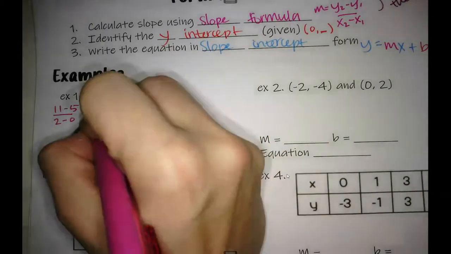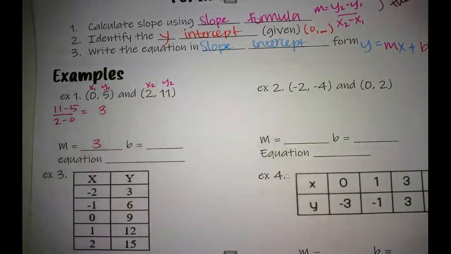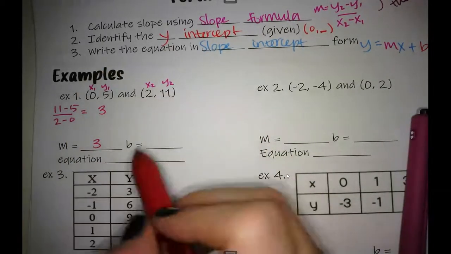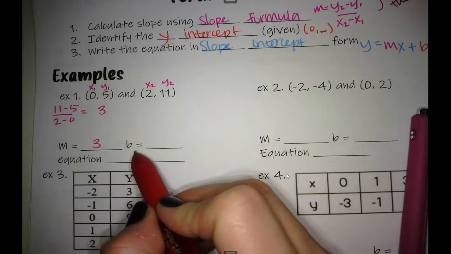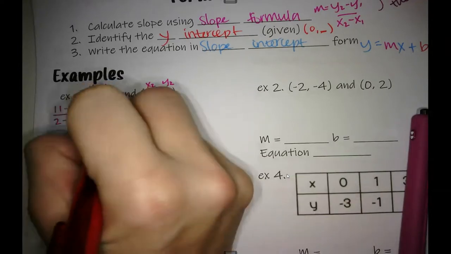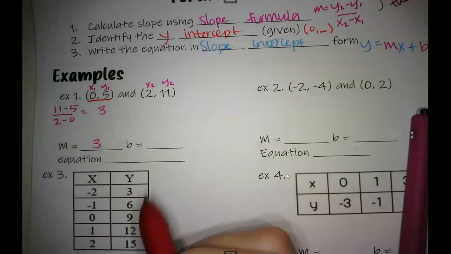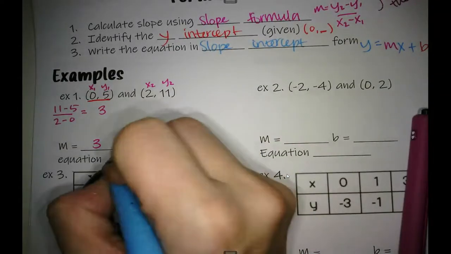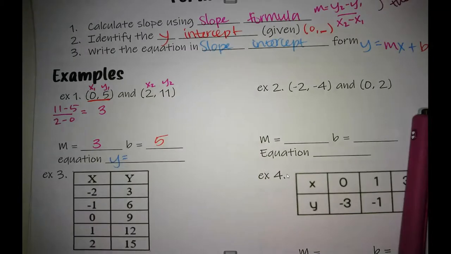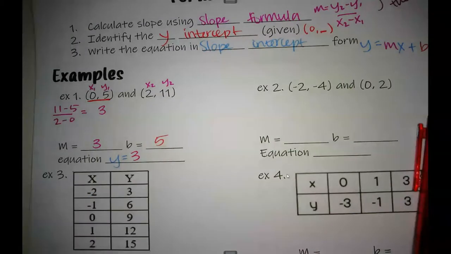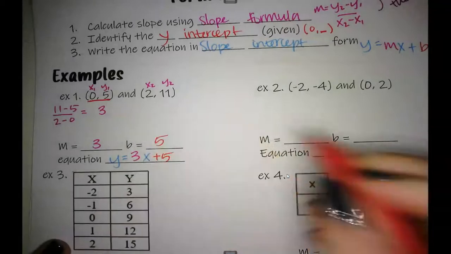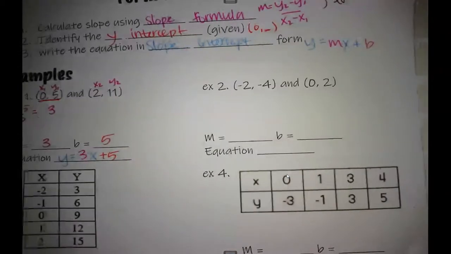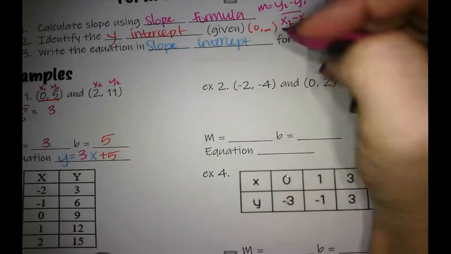And I plug this into my calculator. Slope is 3. I want to identify our y-intercept. This is the one that's 0 and then a number. So my b is going to be 5. And then I plug in y equals 3x. This is positive 5, so plus 5. It is just that simple.